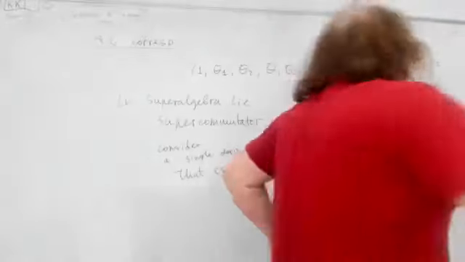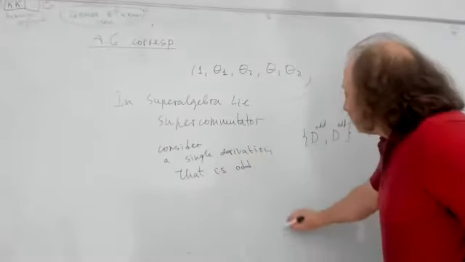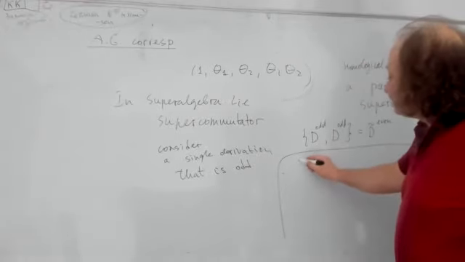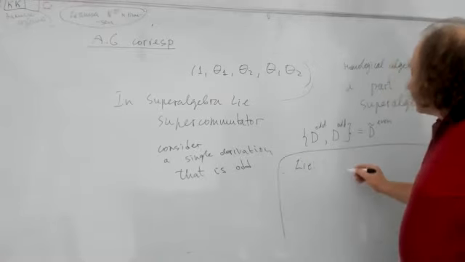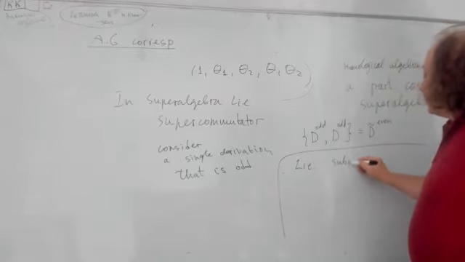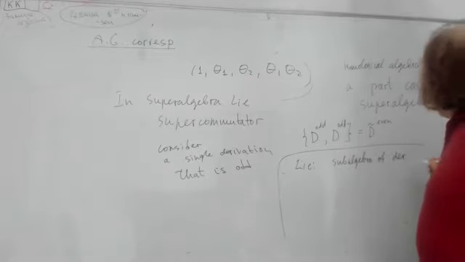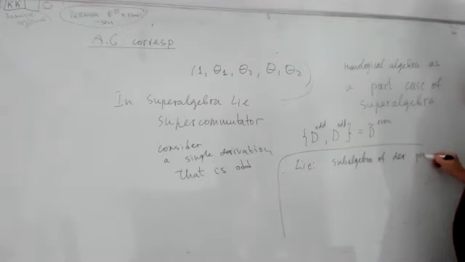So now I'm coming back to Sophus Lie theorem. So Lie considered a subalgebra of derivations preserving something.